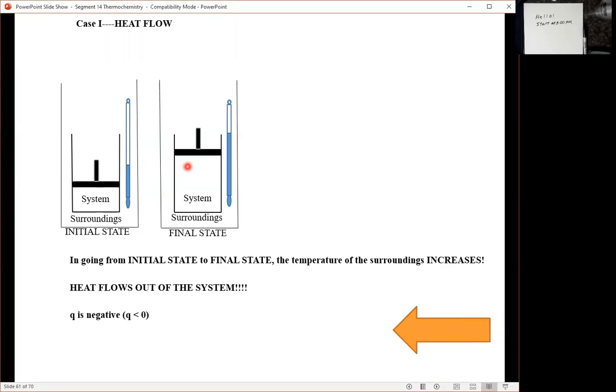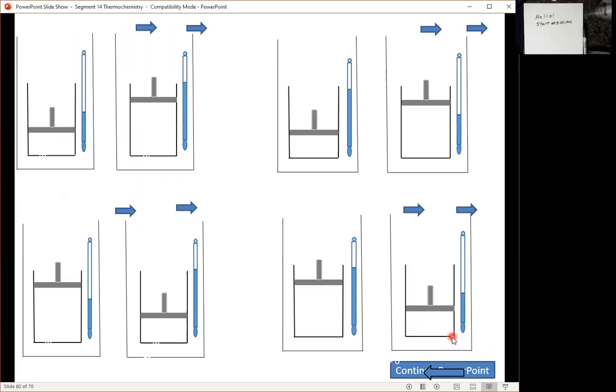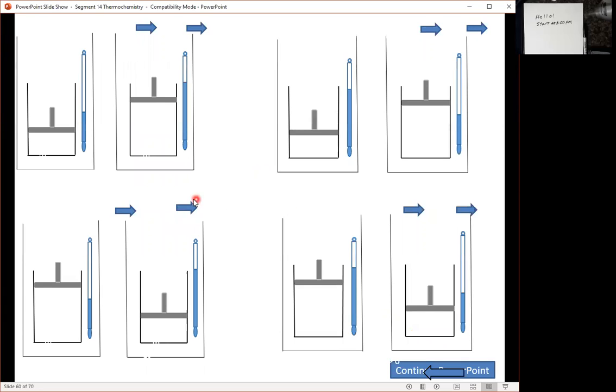Again, it's negative. Something seems to be doing funny stuff with me. Let's see if I can back some things up. All right. That's the same one. Well, it might work better if we just look at these.